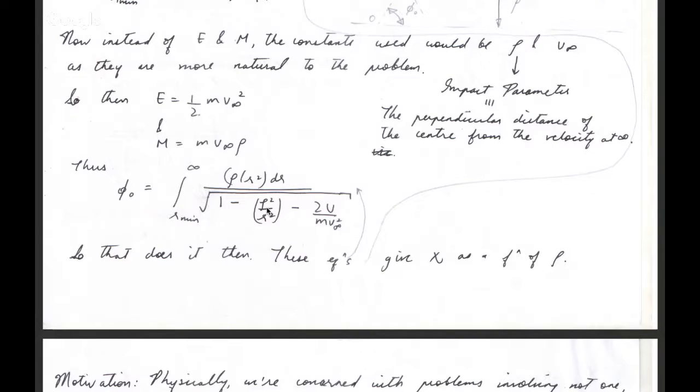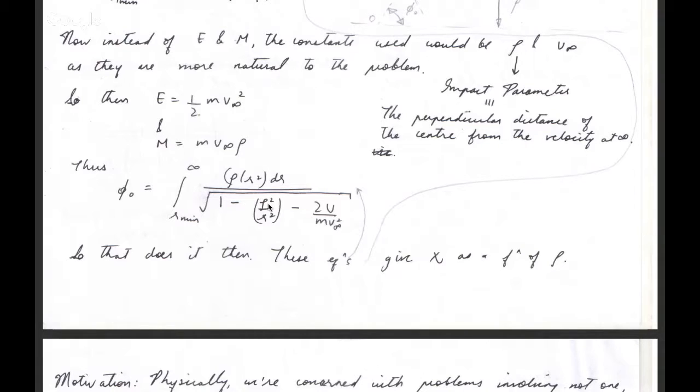If I increase rho, the denominator gets smaller, since you're subtracting it, and the numerator will become larger.